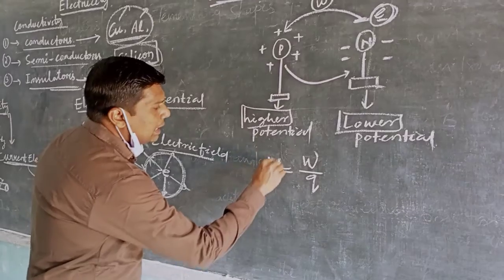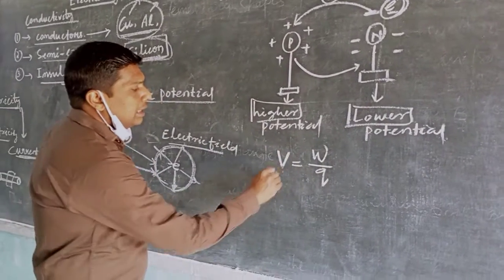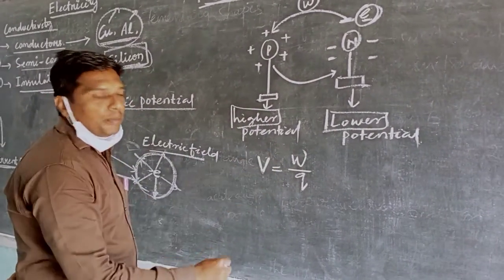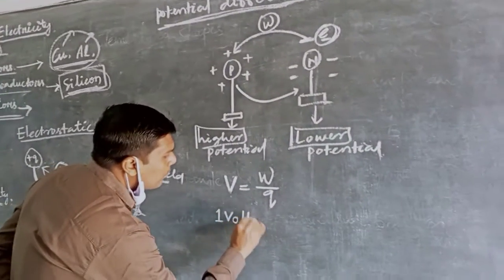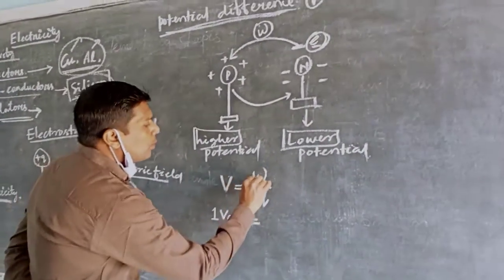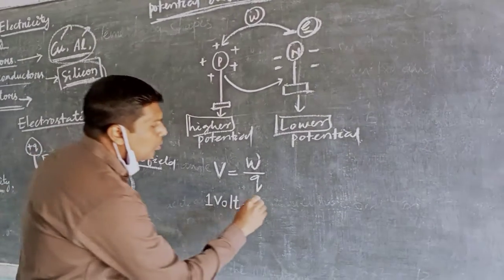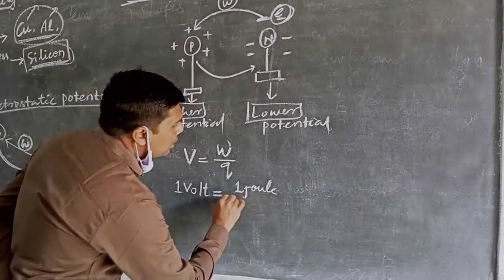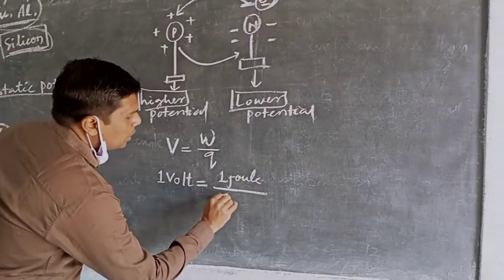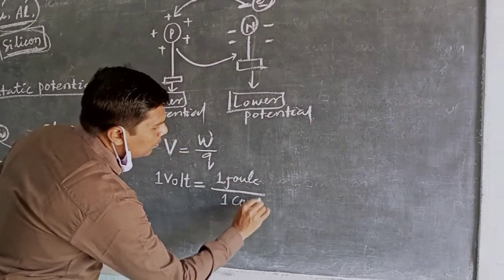The unit of potential difference is the volt. Therefore 1 volt is equal to 1 joule, the unit of work, divided by 1 coulomb, the unit of charge.